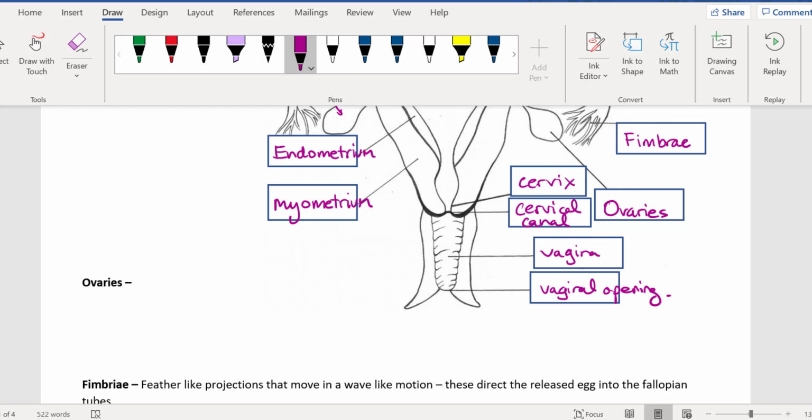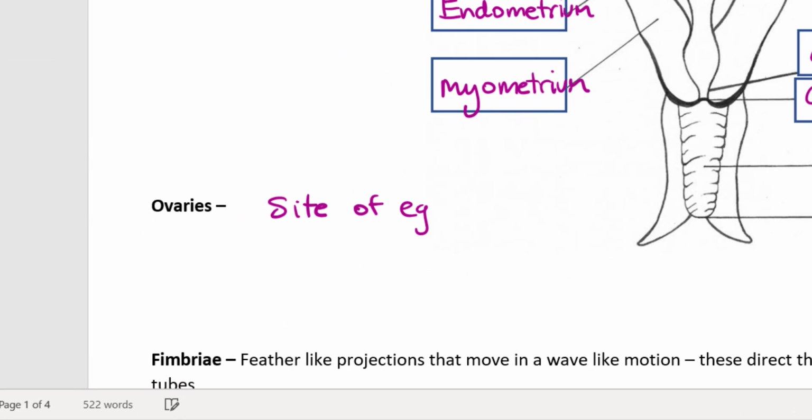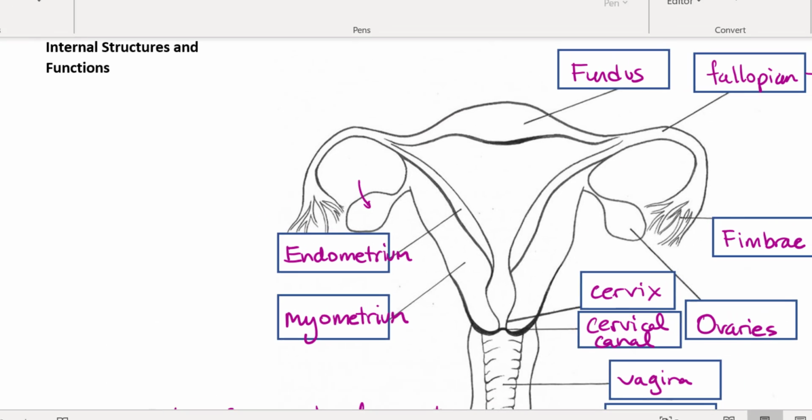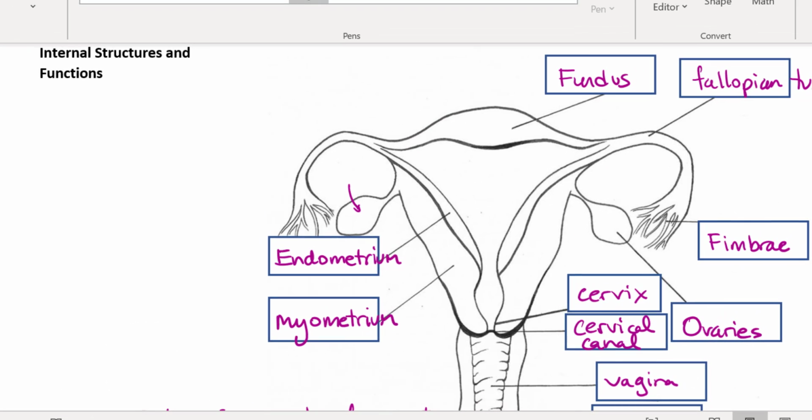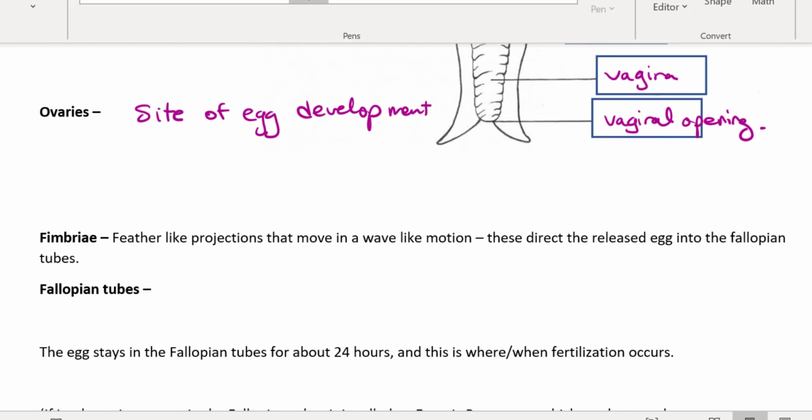So now we're going to go on to the functions. And for ovaries, this is the site of egg development. Now, remember, if you just look up over here, the ovaries are held onto the outside of the uterus by the ovarian ligaments. Next, we have fimbriae, and I mentioned this.